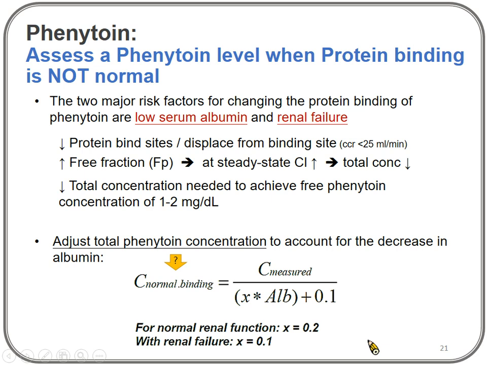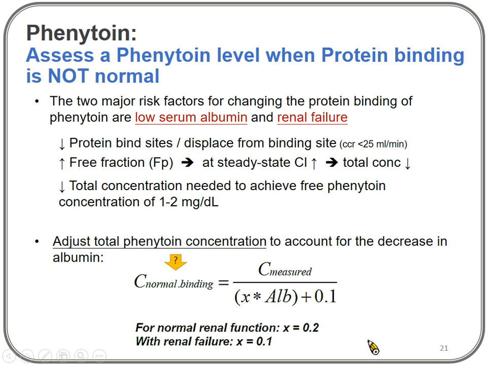So in this calibration, you get the ordered total form concentration as measured, and then divide by the renal function constant times albumin level, plus 0.1. When the renal function is normal, then the constant is 0.2.